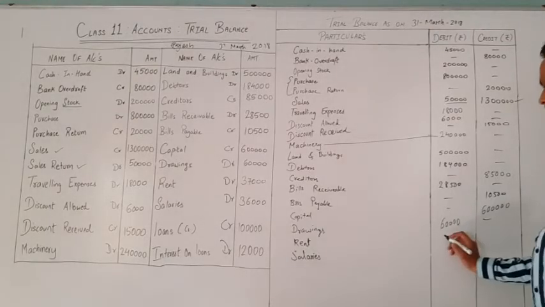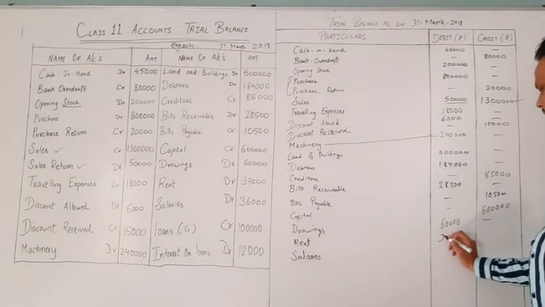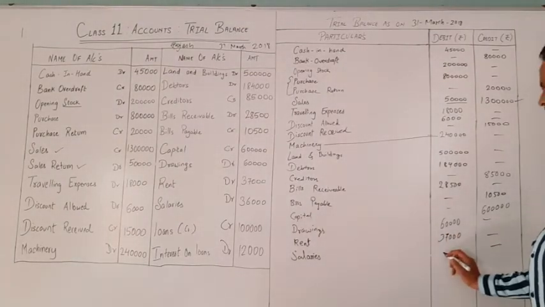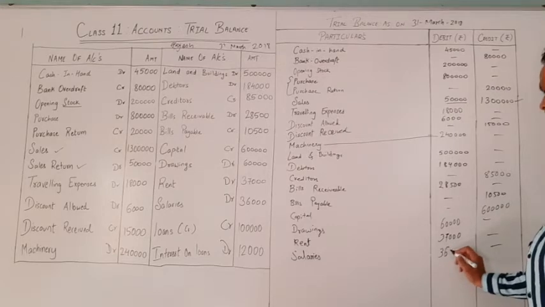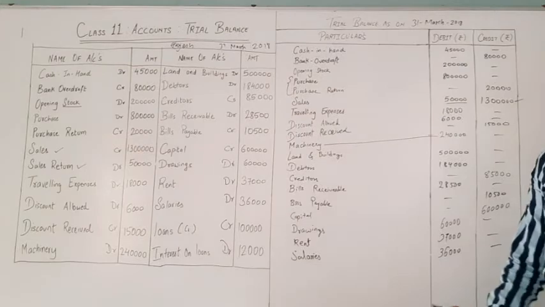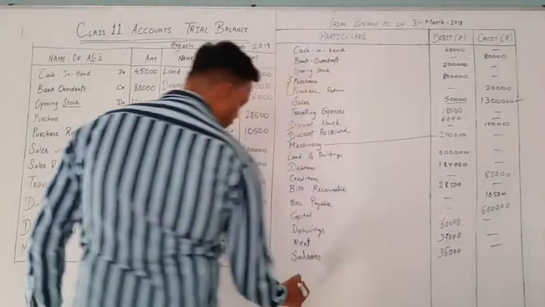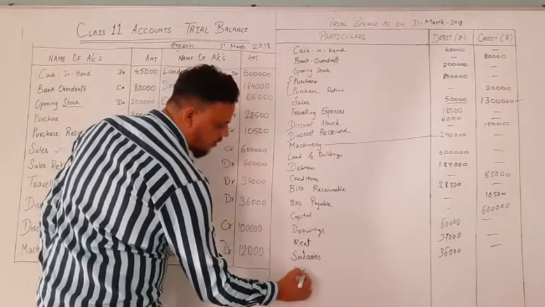Then rent has been given. Rent is 37,000 and salaries are 36,000 respectively. Last is loan and interest on loan. I'll write it over here. No worries about that, the impact will not come, but all the entries will be coming. Now, loans.